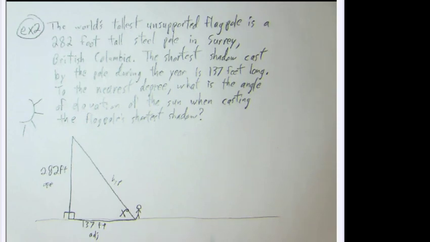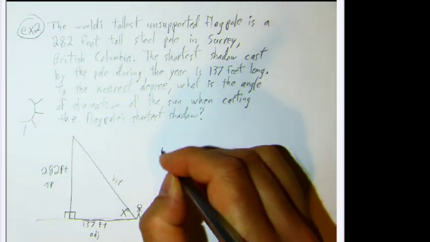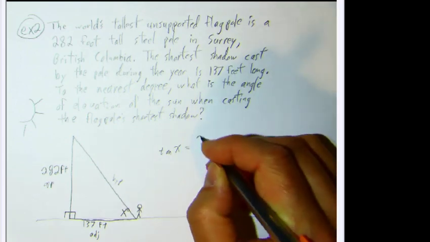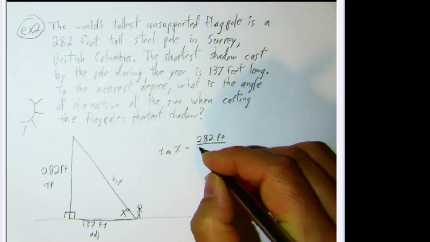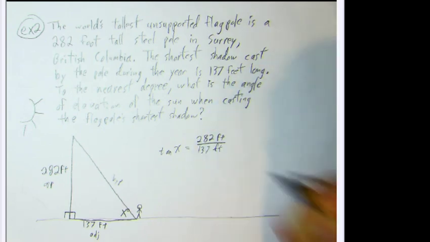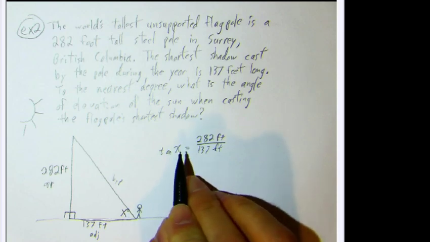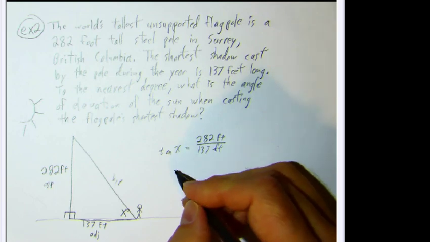All right, so now opposite and adjacent is going to be tangent. So I'll do tangent of x is equal to opposite over adjacent. But I don't want to know what tangent of x is. I want to know what x is. So I have to use the inverse function, or the arc function.